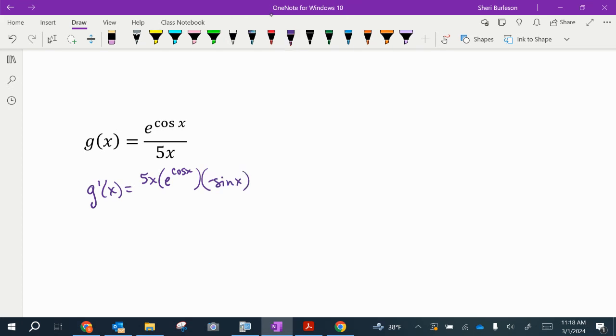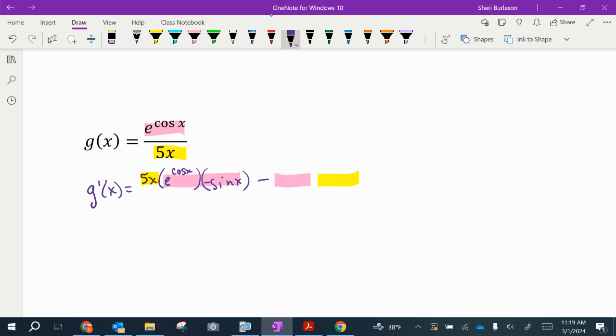I will remind you that if you are writing negative of something, you need to put it in parentheses if it's multiplied by something else. A lot of you are getting lazy and leaving those off, and now you have a subtraction problem, not a multiplication problem. So I have low d high. So here's my low and high. So I have low d high minus high d low.